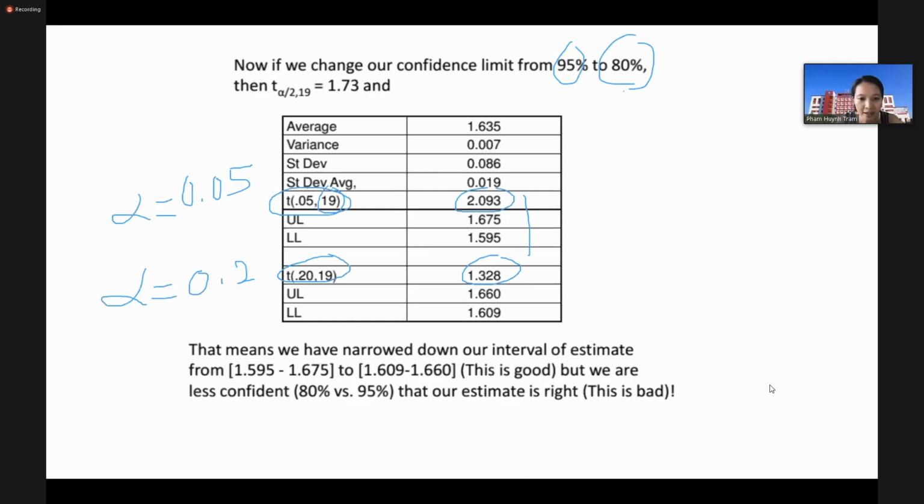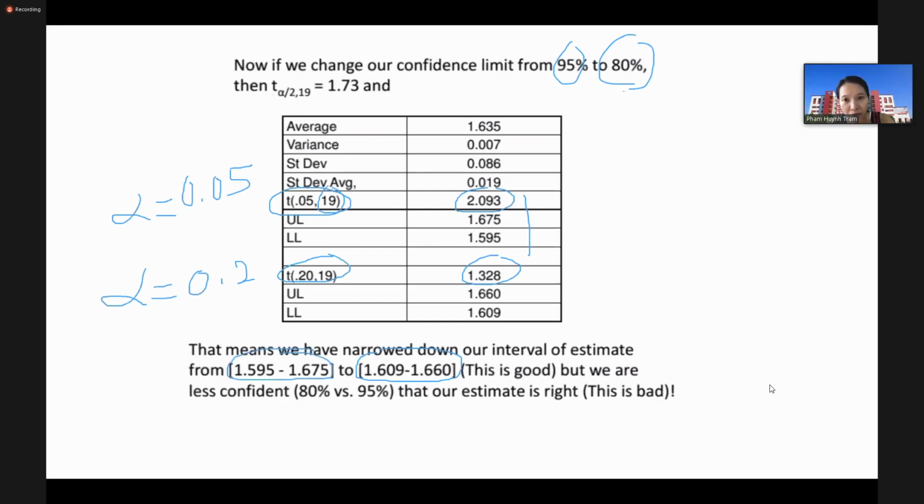And then if we plug in our t value again for the new confidence level, we will have the new half-width estimation, which is very, very narrow compared to the previous one. This is the previous one, and this is the new one.